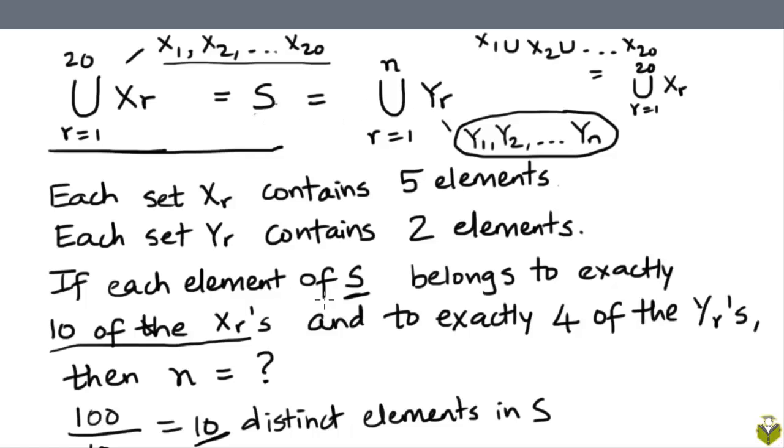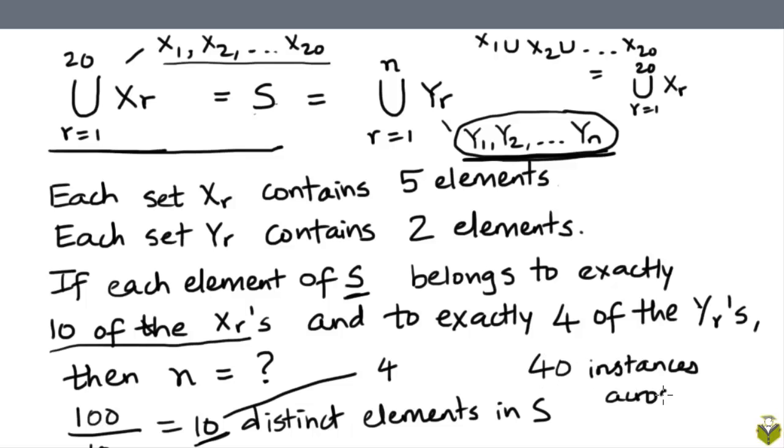Now it's also mentioned that each element of S maps to 4 instances across these yr sets. So if we take each of these distinct elements and map them to 4 instances in the yrs, there would be a total of 40 instances across the yrs.